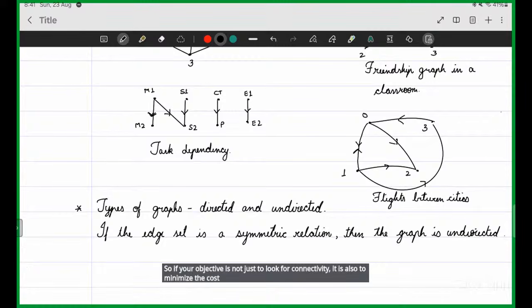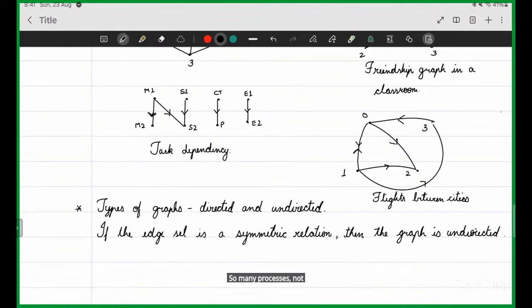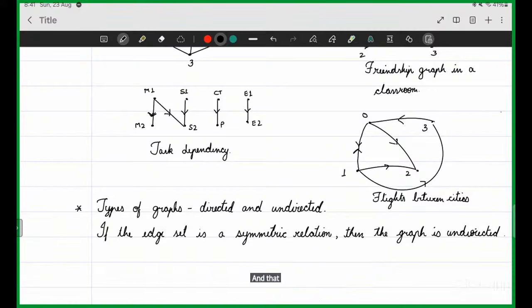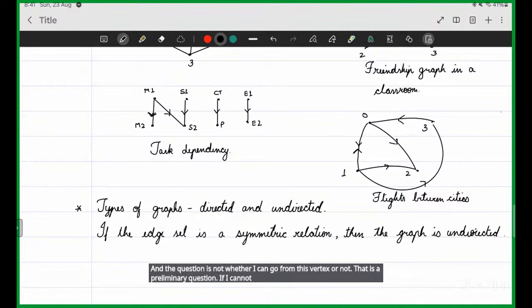Many processes, not just flights between cities, can be represented in graphs where each edge is a process that has some cost. And the question is not only whether I can go from this vertex or not. That is a preliminary question, where if I cannot, then done. So reachability is the first check. But after reachability, you also would want to know what the shortest path is.